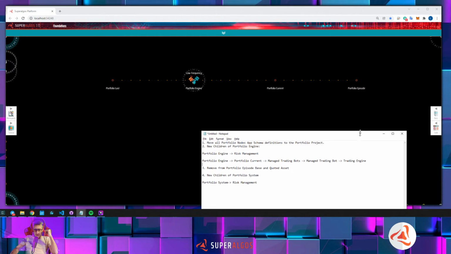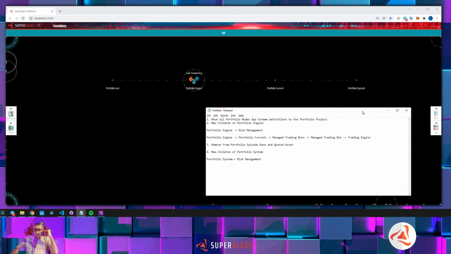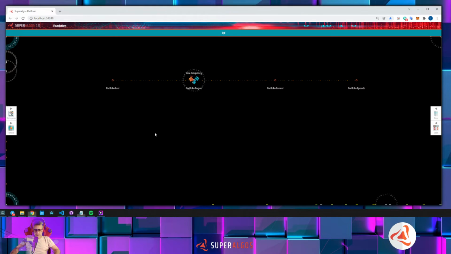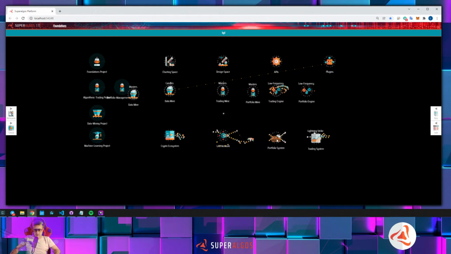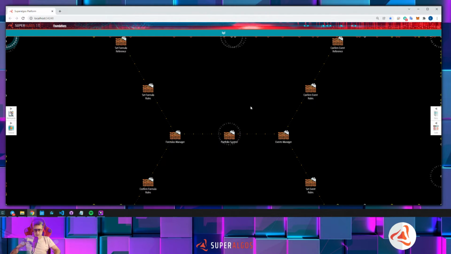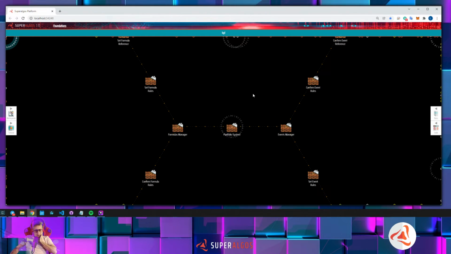Okay, I'm going to recap with this again. Let's go back to the portfolio system and imagine how this would work. We have a portfolio bot managing 10 trading bots at the same time.